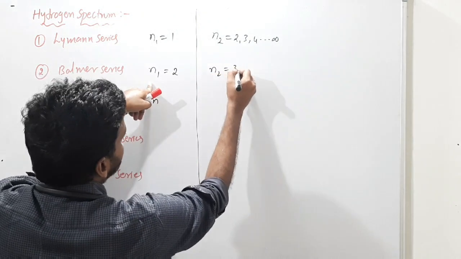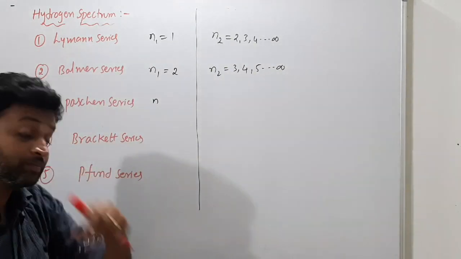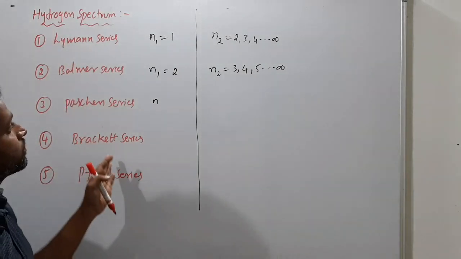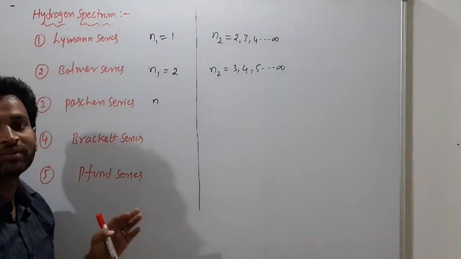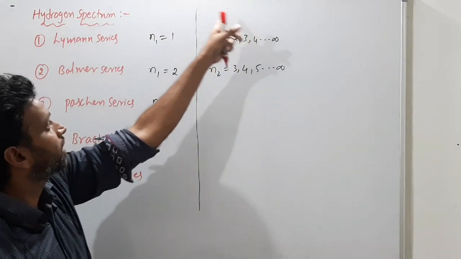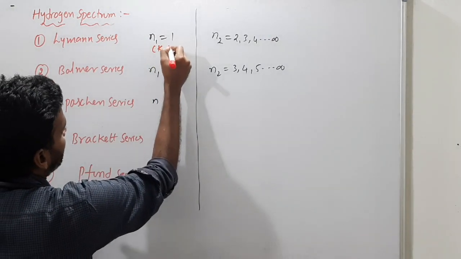That means the n2 value is 3, 4, 5 and so on up to infinity. Is everyone understanding? These scientists all observed a series of spectral lines in different regions. What did Lyman observe? The electron jumping from a higher level to the first level. What is the meaning of the first level? K shell.